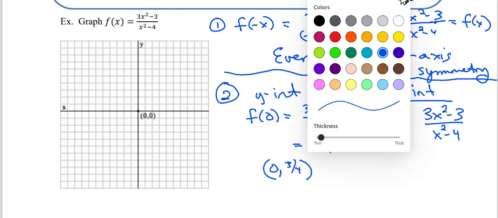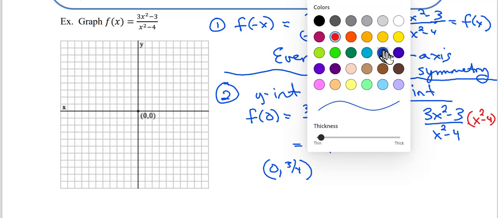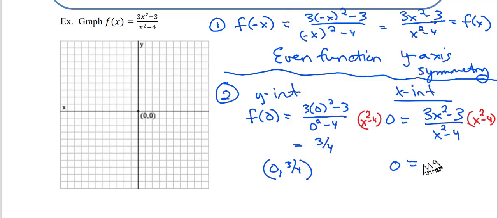The other option is to say, you know what, I like to see it algebraically. Multiply both sides of this by x squared minus 4. And you end up getting 0 is equal to 3x squared minus 3.